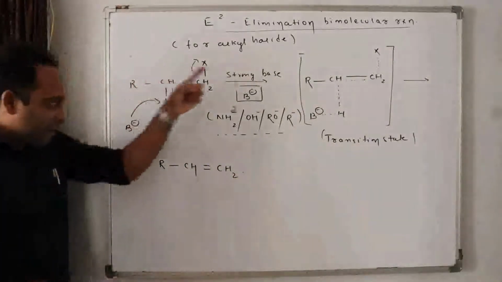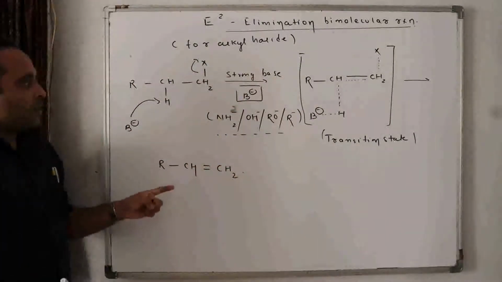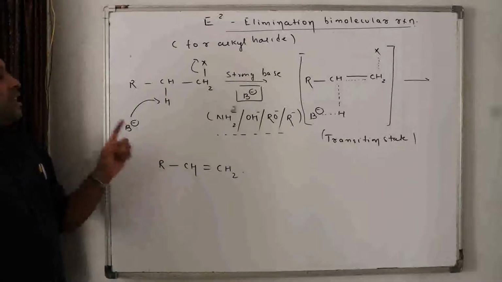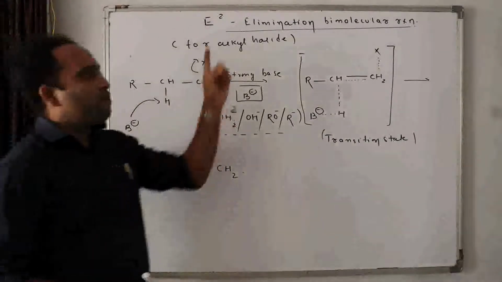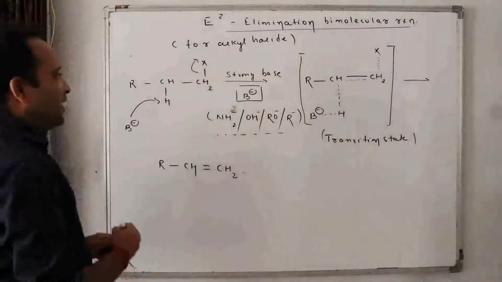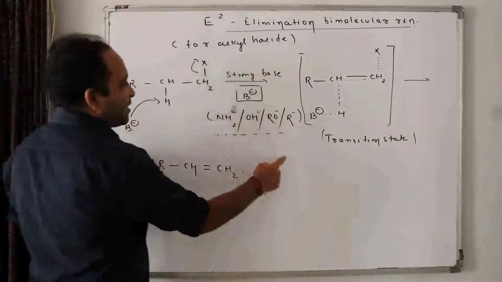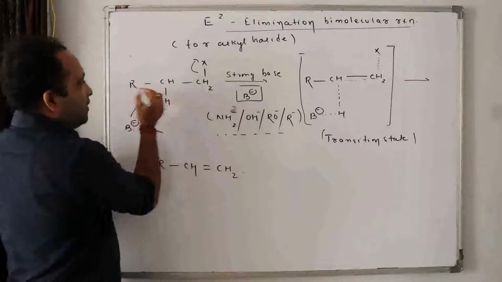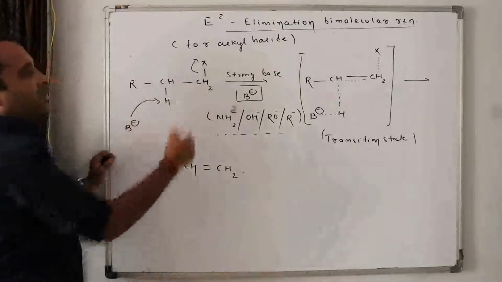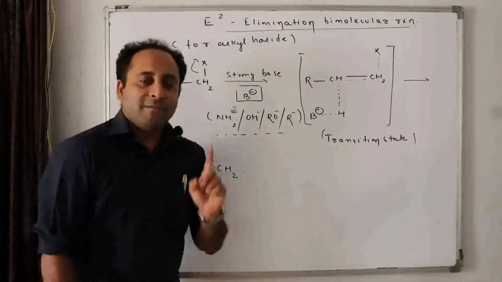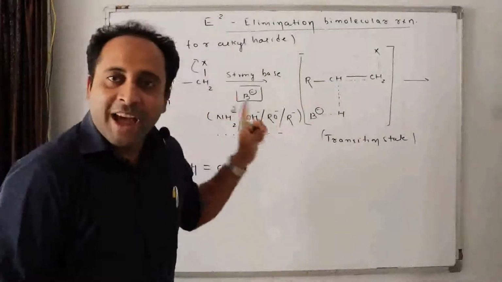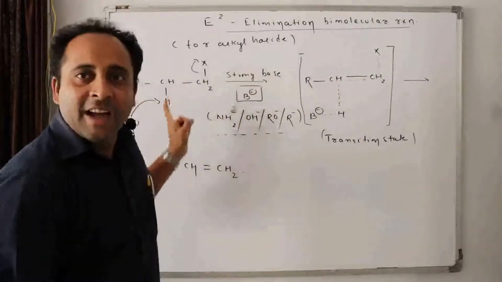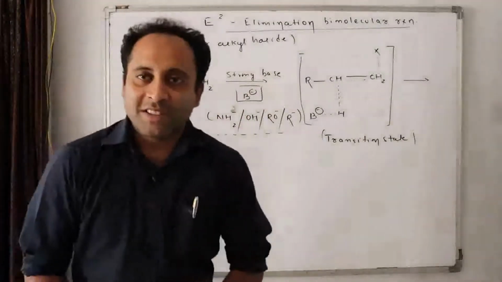So this is the entire process of E2. Why did I say this is E2? Elimination bimolecular, because this is a single step reaction, and in the single step, the concentration of the alkyl halide and the base both affect the rate of reaction. That means if I write the rate equation, I have to consider both the alkyl halide and the base.